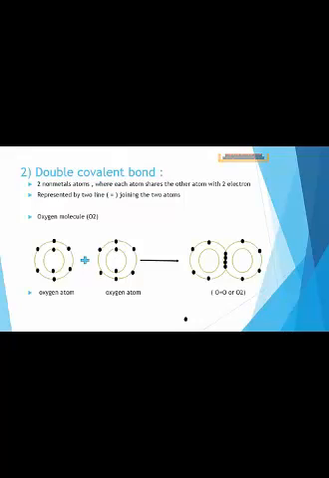It is represented by two lines joining the two atoms. For example, the oxygen molecule O2: every oxygen atom will share 2 electrons with the other atom. So in oxygen O2, every atom will contain 8 electrons.